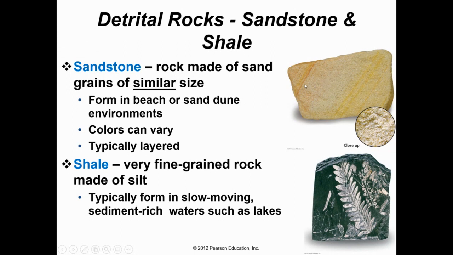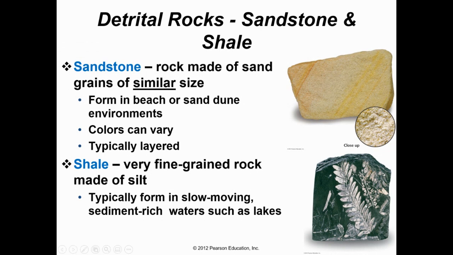And so what you're seeing is basically layering, okay? And the constituent material is sand-sized, okay? And it's quartz. So it's sand-sized quartz, essentially. That's what sandstone is. So sandstone typically forms in either beach or sand dune environments, so beaches or deserts.